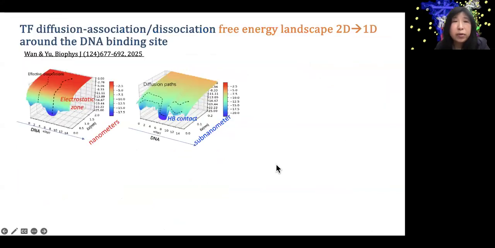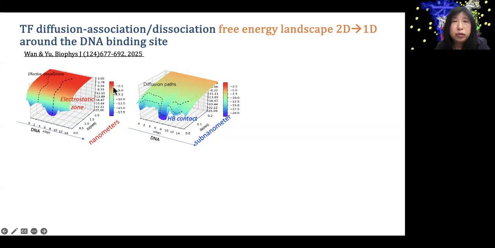Okay, so now we are ready to construct this 2D free energy landscape locally. Along this direction horizontally would be the direction along the DNA, while the perpendicular direction would be the direction of effective dissociation.